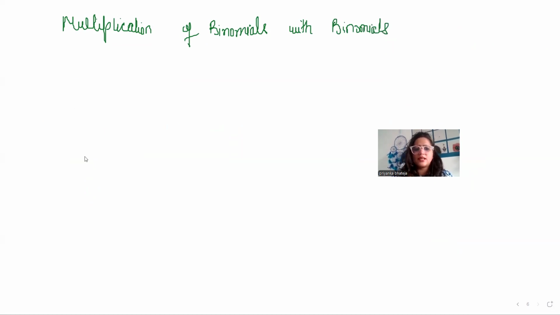First is the direct method, as we were doing for monomials with binomials. The same method we can use for binomials and binomials. The rest are different kinds of methods, which I'll teach you in this session. So the first method is the direct method.